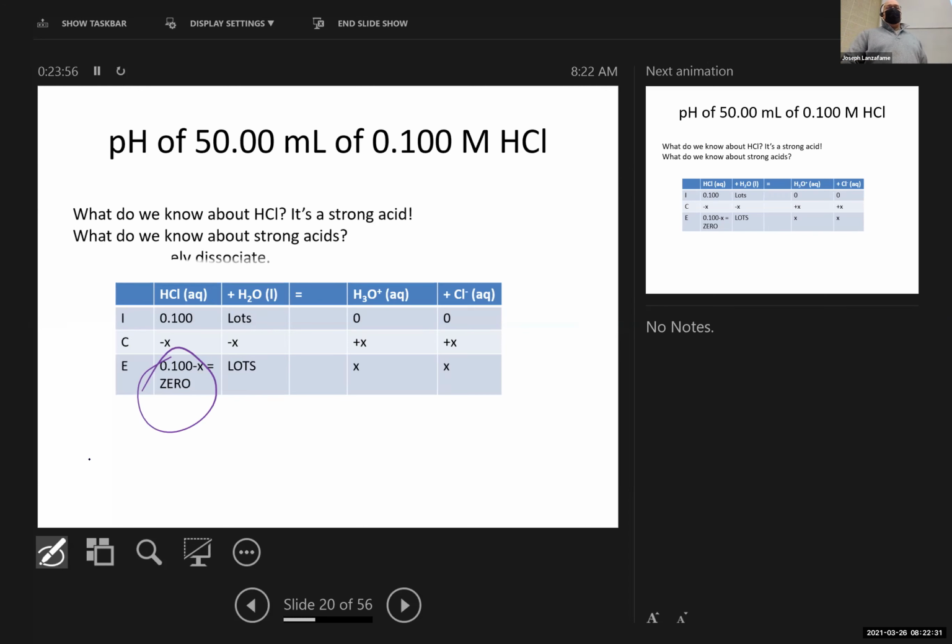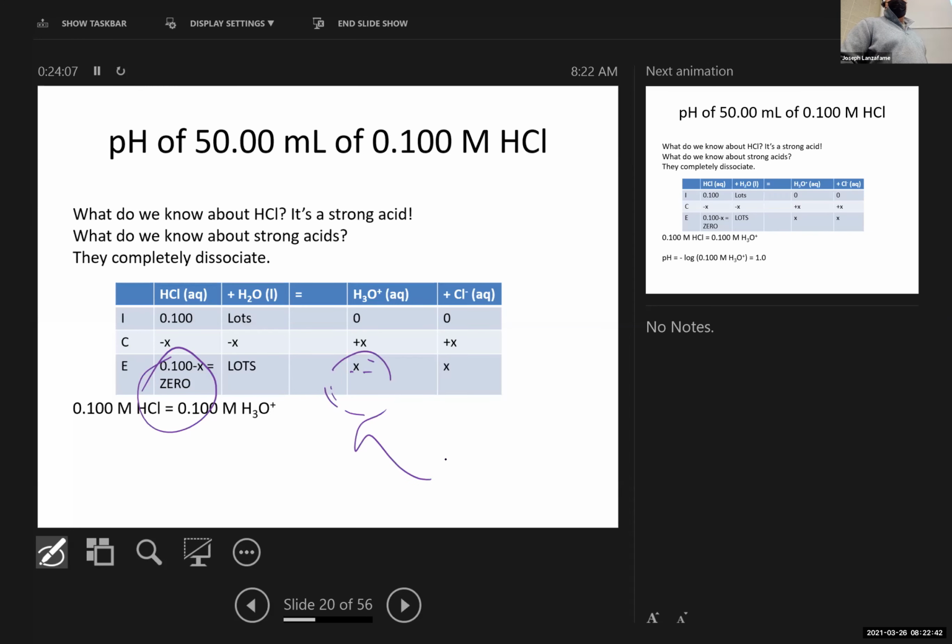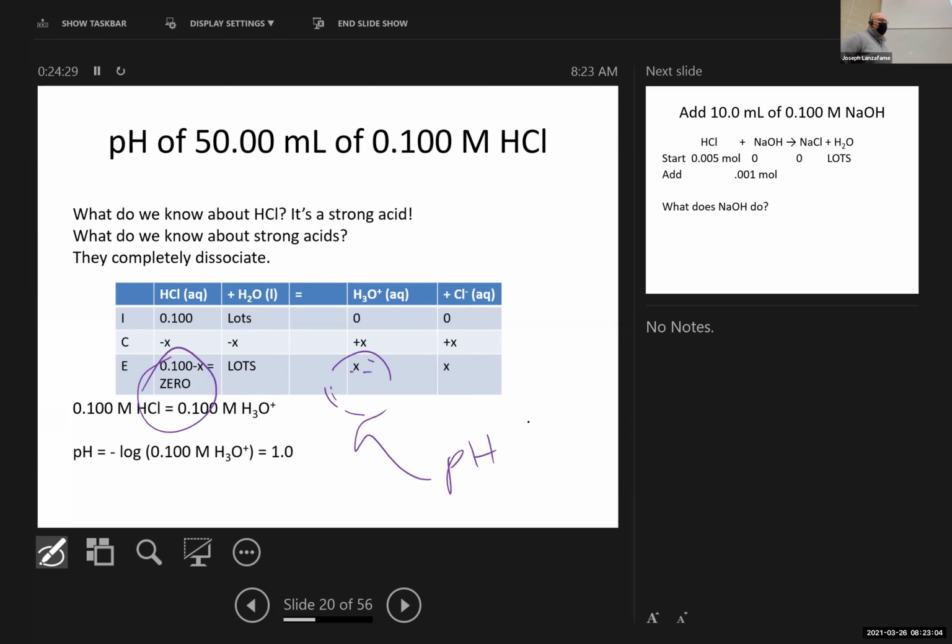And what that gives me is an equal amount of hydronium, because again, remember, pH is always the concentration of the hydronium, it's not the concentration of the acid, even though for strong acids, it's a little deceptive because it's the same number, right? And so, as a starting point for my pH, the pH is the negative log of the 0.1 molar hydronium, and so I'm starting at a pH of 1.